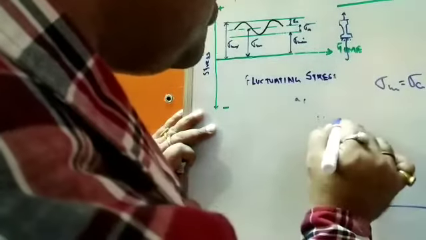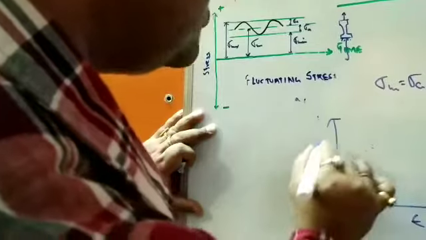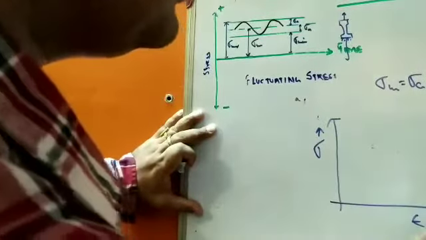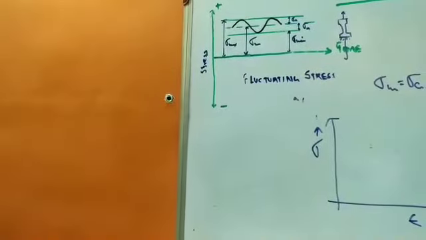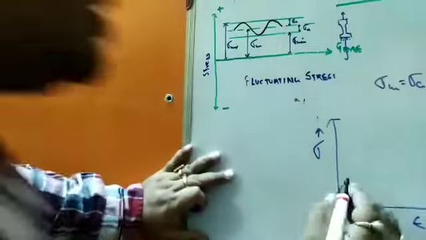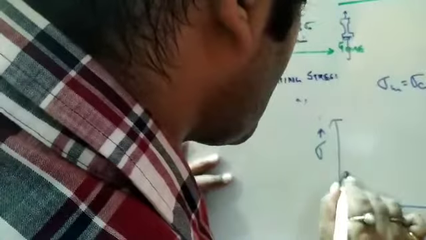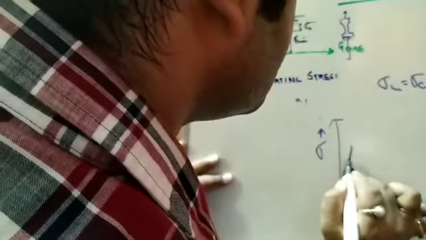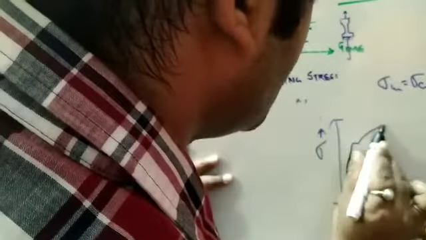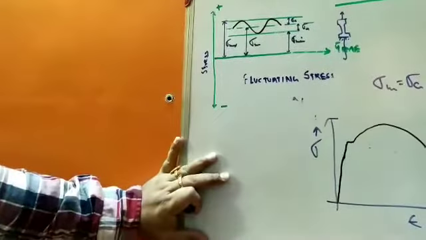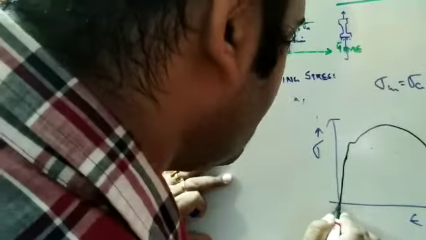If this is strain and this is stress, you could see that this is the diagram. Here for the ductile material, the curve looks like this, and if you go for compression also, the diagram looks like this.